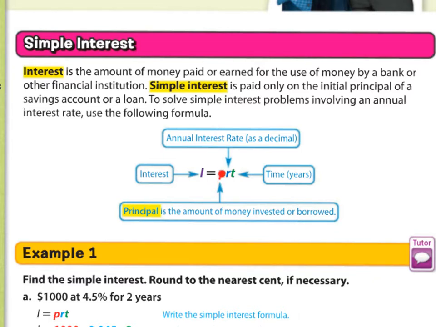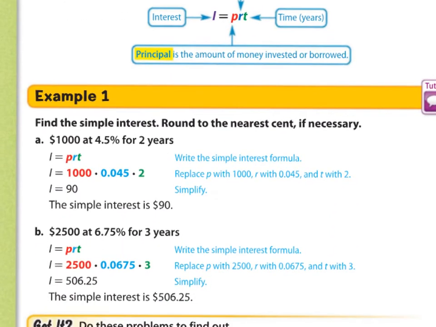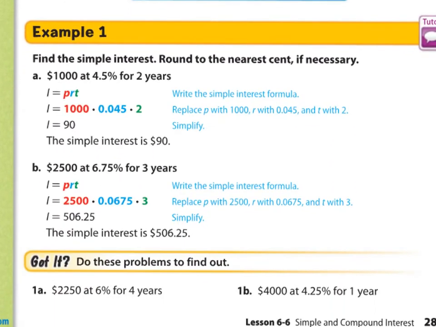So that's the principal. That's the initial amount of money we are talking about. The rate is the percentage converted into a decimal form, so we can actually multiply it. And then time. How much time are we talking? It's always by year. It's always annual. But sometimes you can have half a year, so you would put 0.5, or a different amount of time in the year.